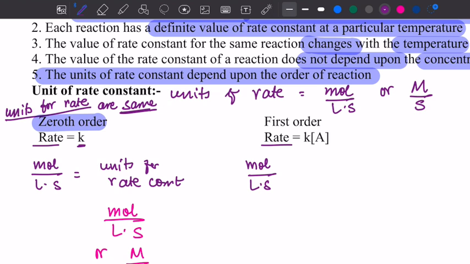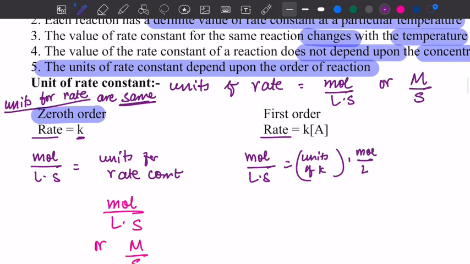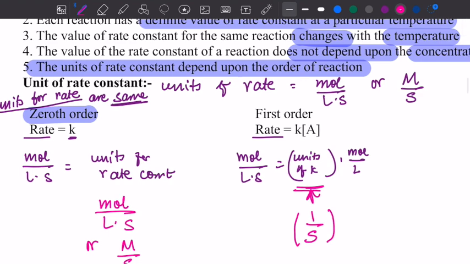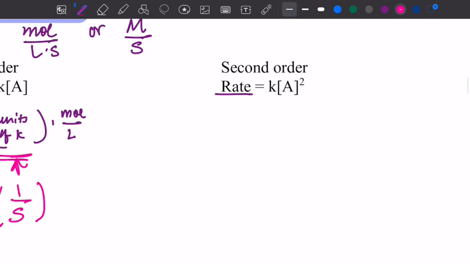So, the units for rate, we said we want to keep constant. We don't know the units for K. We are trying to figure that out, but we already know that the unit of concentration is moles per liter. So, then the only units for K that would make this equation true would be per second. So, the units for a rate constant for a first order reaction are per second.